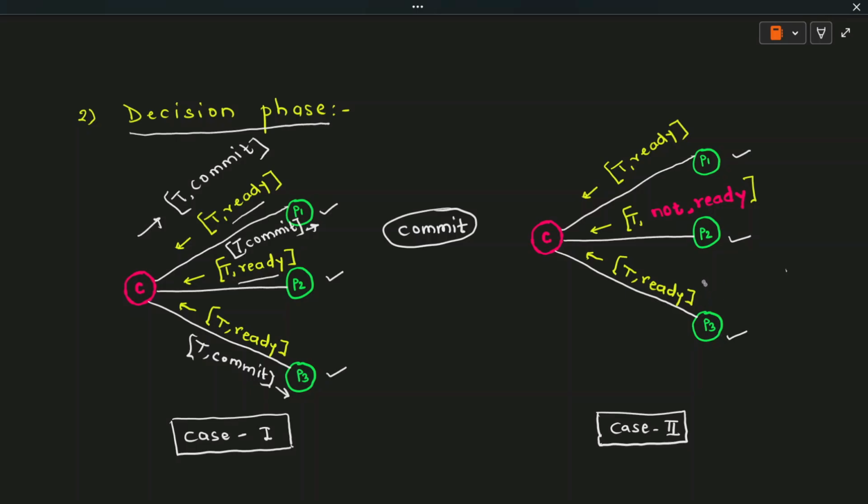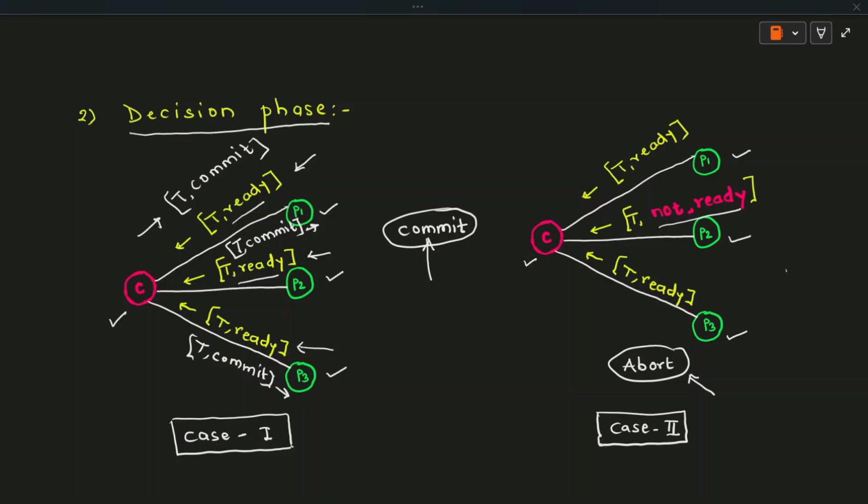When this type of mixed response is received, the coordinator site decides to abort the transaction. So, in short, we can conclude that if all the responses received from the participating sites are positive, then the coordinator site can commit the transaction. But if at least one participating site is saying not ready, the transaction is aborted. In this way the two-phase commit protocol works.